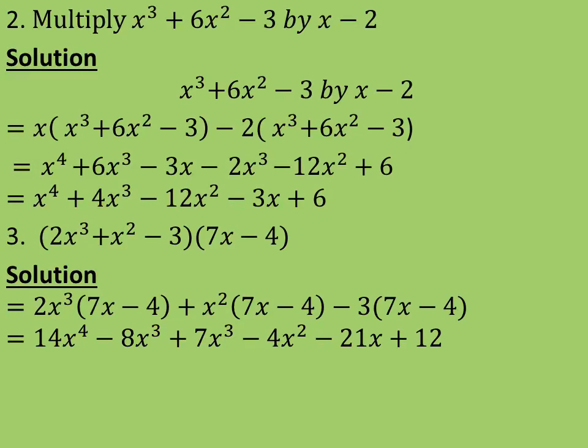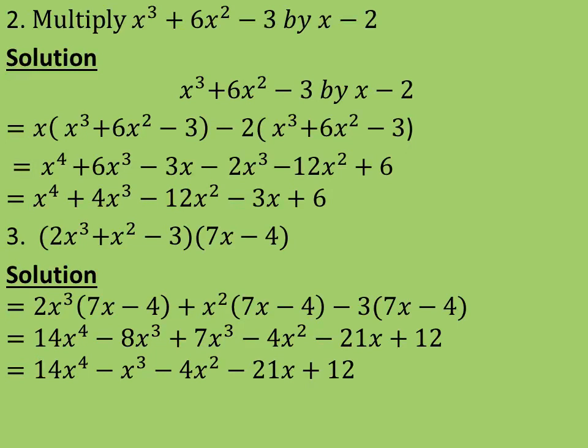And after adding and subtracting the like terms, after collecting the like terms, we have 14x raised to power 4, because x raised to power 4 is only 1 there, so you write it back, minus 8x raised to power 3 plus 7x raised to power 3, minus 8 plus 7 will give us minus 1, so we have minus x raised to power 3.